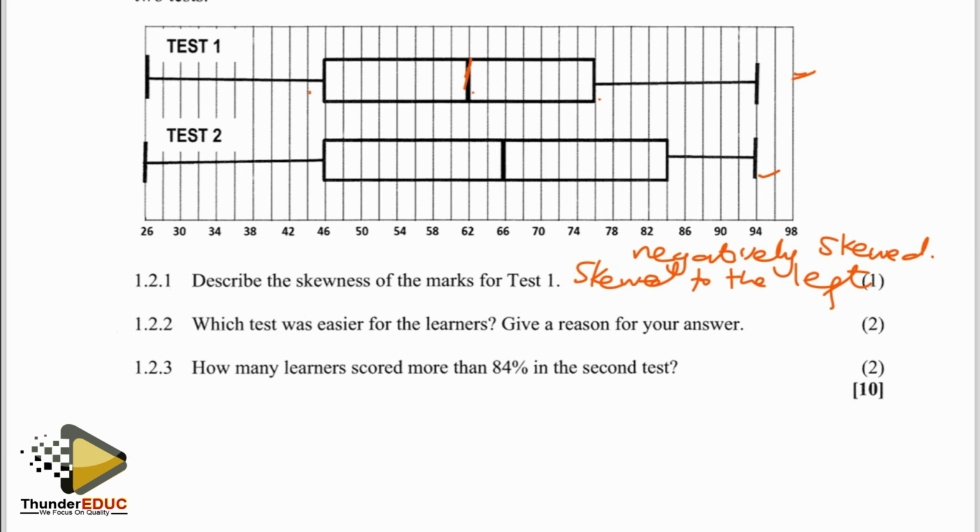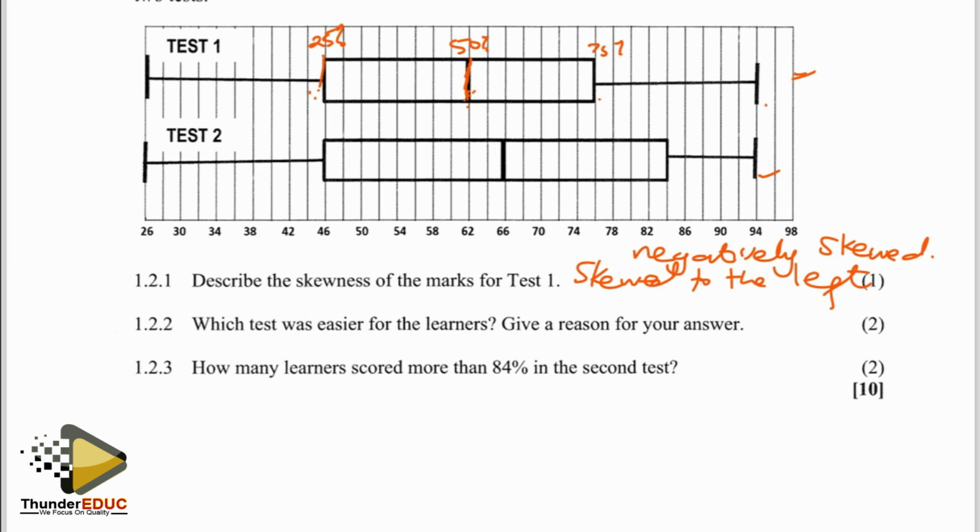All right, then 1.2.2, which test was easier? Okay, so we can see that in as much as this data for the first test is skewed to the left, let's just do the interpretation that Q1 represents 25%, Q2 represents 50%, and then 75%. So I'm going to use the median, which is 50%. We can see that 50% of the learners got above 62 for test 1.